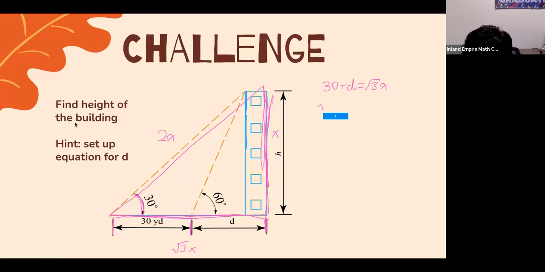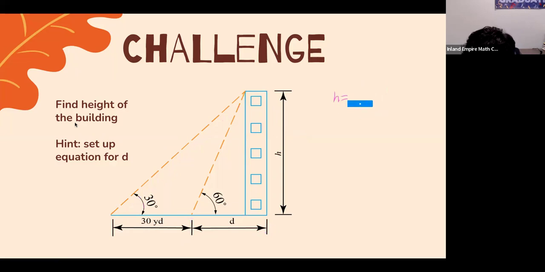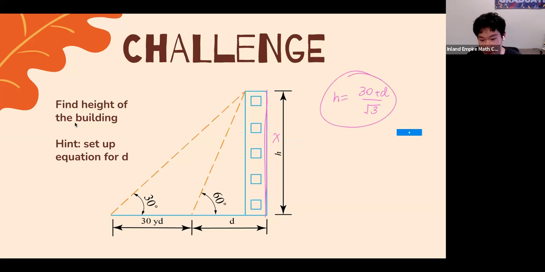And so x equals (30 plus d) over root 3. In this case, I'm actually just going to replace x with h. So I'm going to write h equals (30 plus d) over root 3, because we identified that this length over here is our shortest length of the triangle, which is just our height. So from this information, we aren't able to find the answer because we don't know what d is, right? So how do we find d?